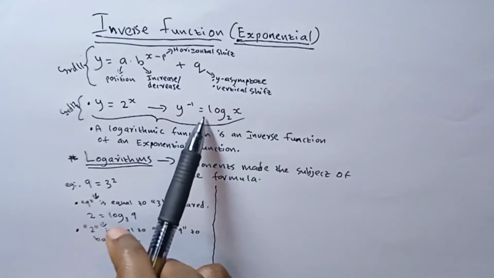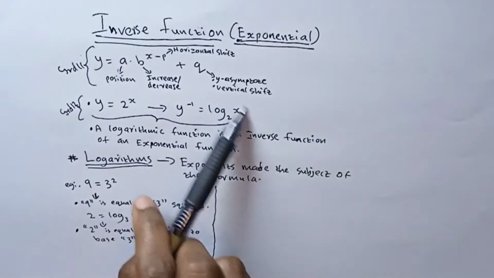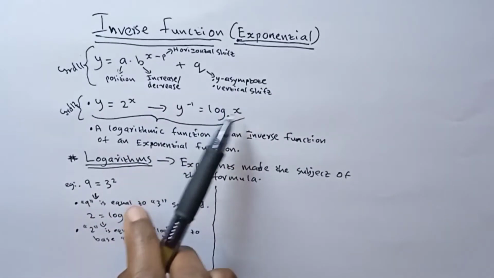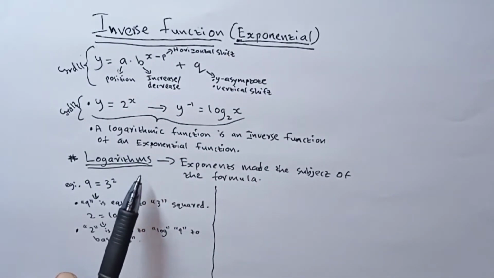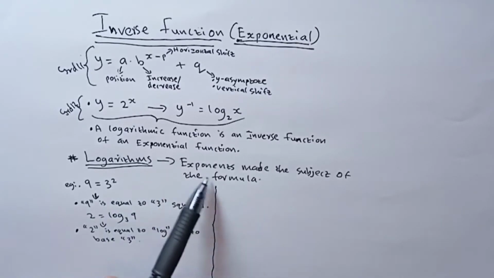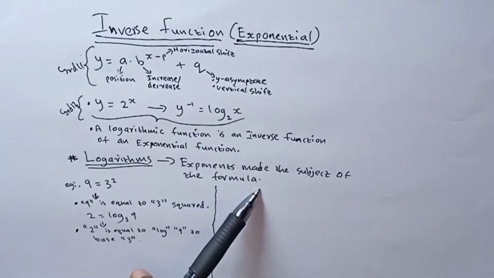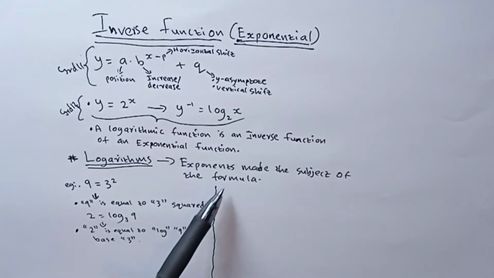Remember, when you swap, then you make y the subject of the formula, and you'll have something of this kind. Before you can have something of this kind, you have to first understand the concept of logarithms, how logarithms work. So right now I'm going to teach you how to make the exponent the subject of the formula, basically how to find the logarithm from exponential equations.